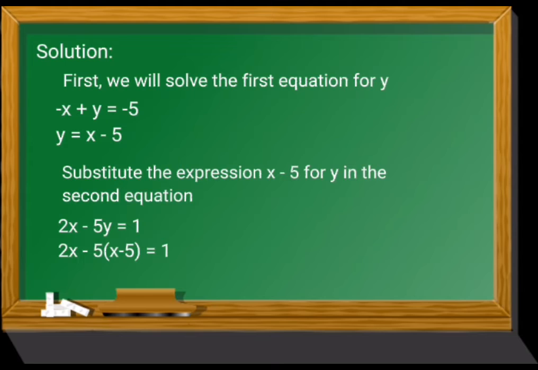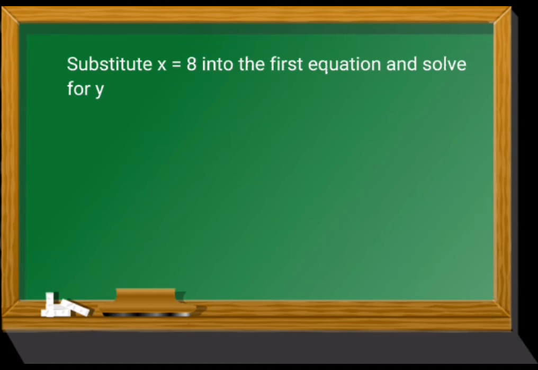2x minus 5y equals 1. So 2x minus 5 times (x minus 5) equals 1. And then we have minus 3x equals negative 24, and x equals 8. Then we substitute x equals 8 into the first equation and solve for y.